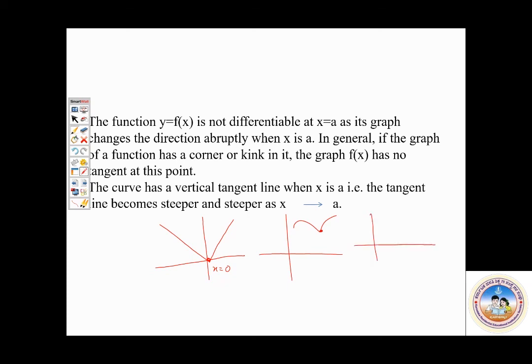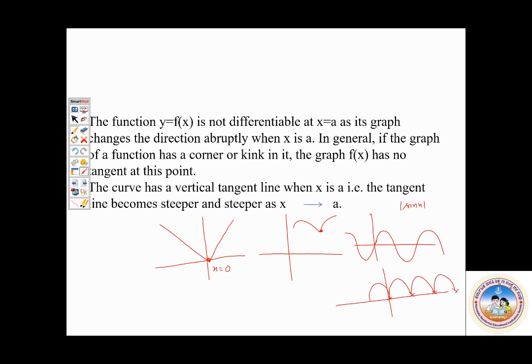So when you take example of modulus of sin x, what is sin x graph? This is sin x graph. What is mod of sin x graph? Mod of ಏನಾಗುತ್ತೆ, below x axis ಇರೋದೆಲ್ಲ ಮೇಲಿಗೆ ತಗೊಳ್ಳಿ. In that case the graph is of this form. Therefore at these points this is not differentiable. How many such points?